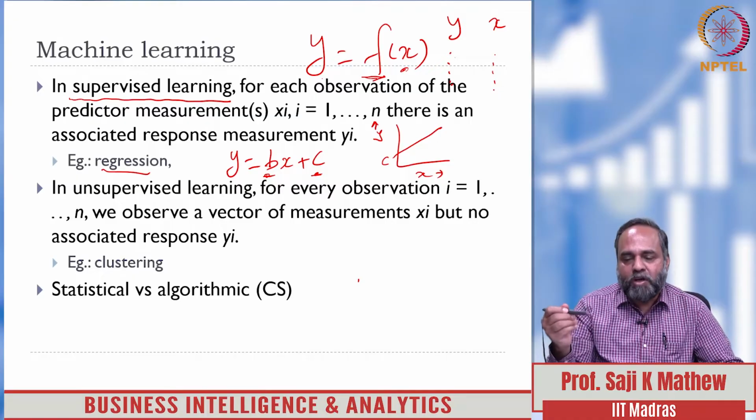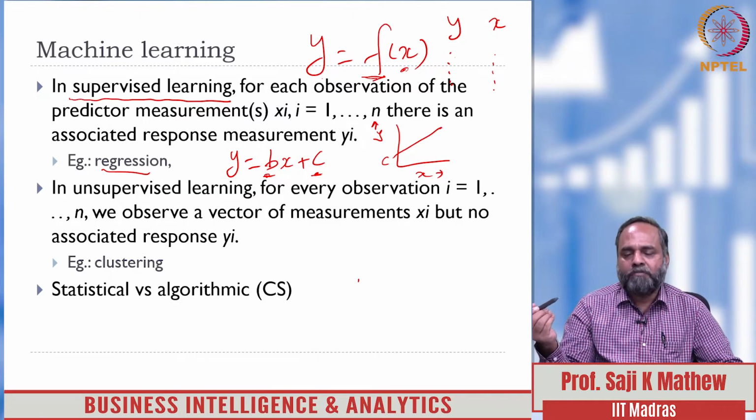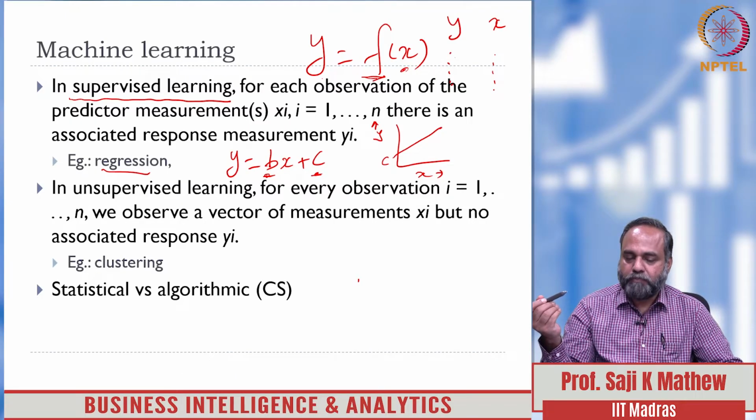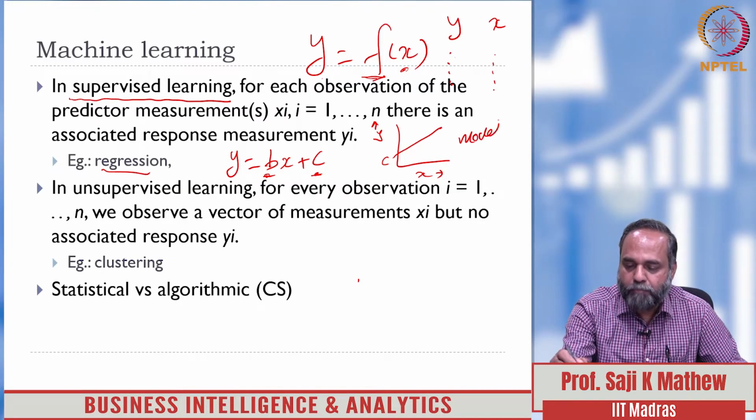This xy is nothing but observational data that we have collected from some phenomenon. So we formulate some method by which the b and c of the model can be estimated from the xy pair of data, and that is called model building.